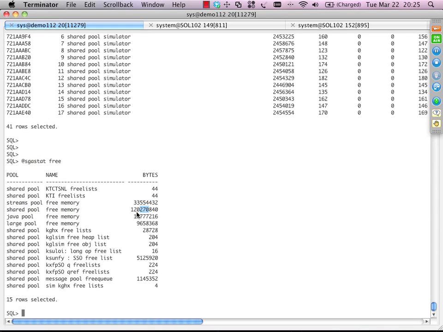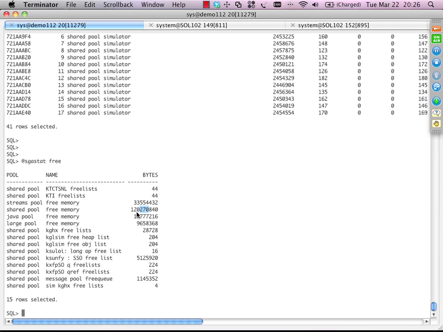Okay, so 120 megs of free memory. But we don't know how much free memory we have in each subpool. There is a chance that 3 of the subpools are almost empty, and one of them is almost full. And whenever you end up allocating from this one subpool, you get this error.